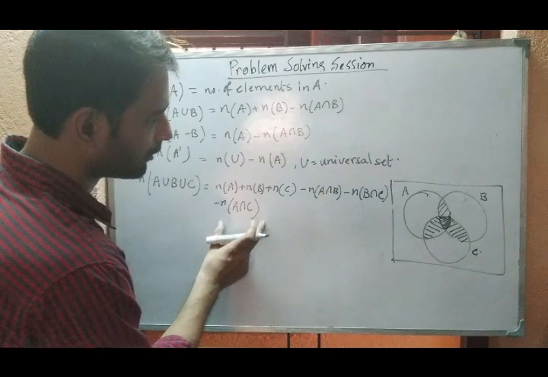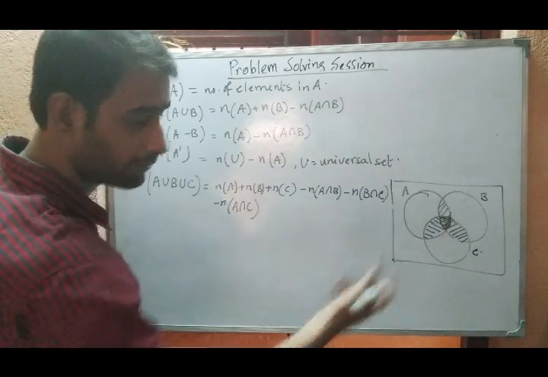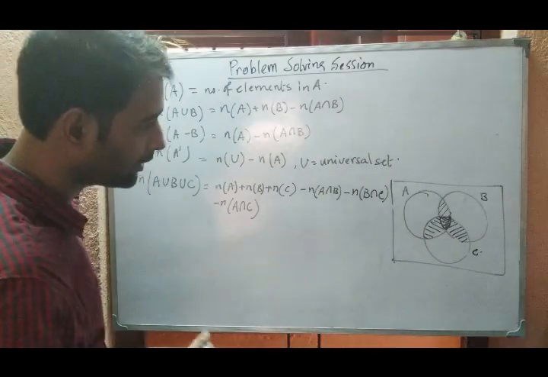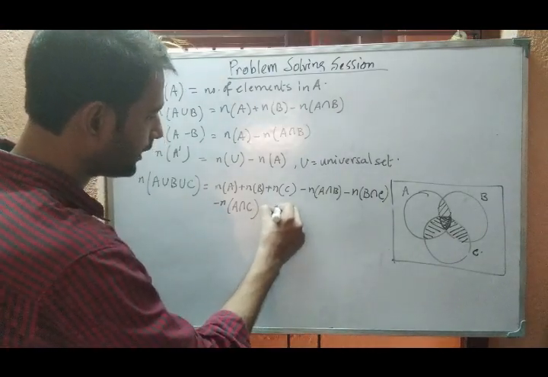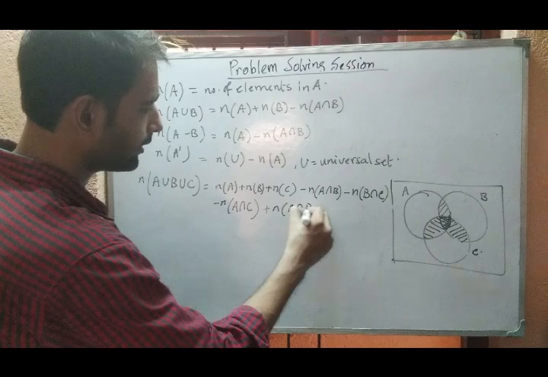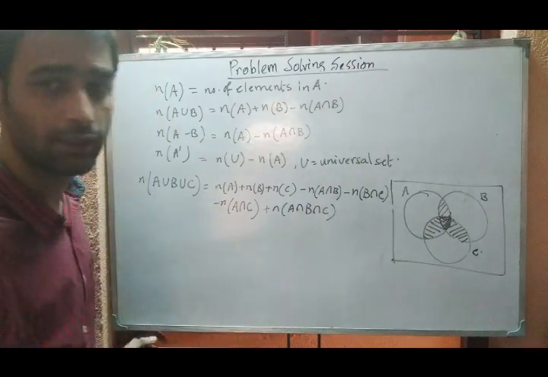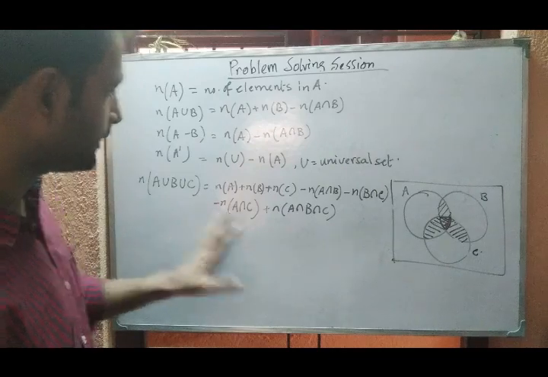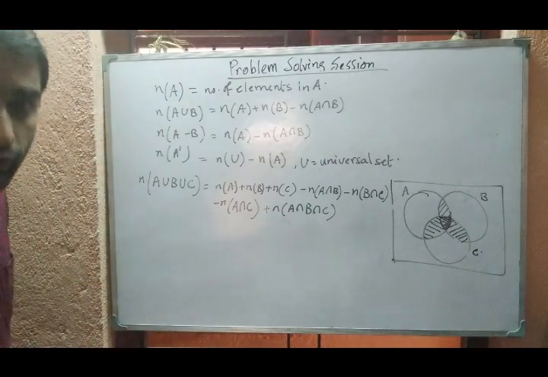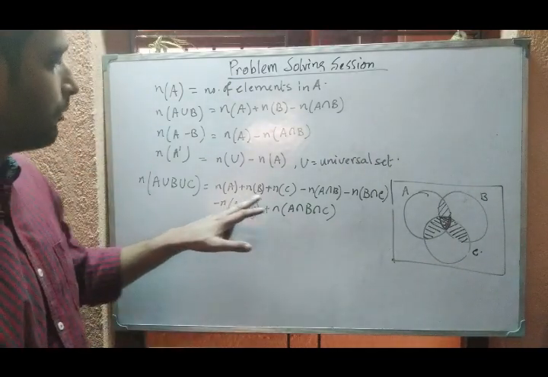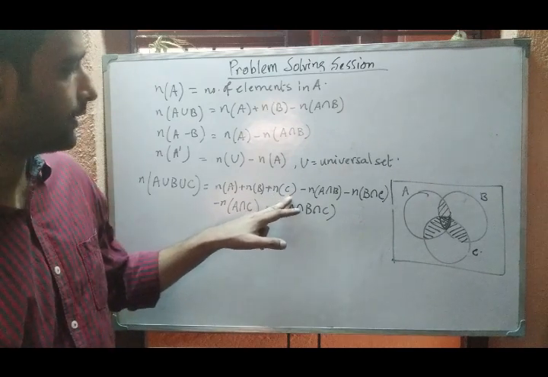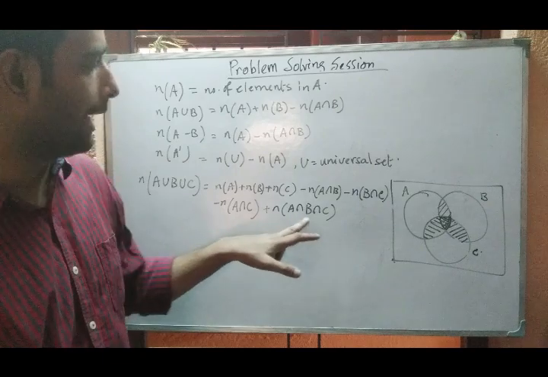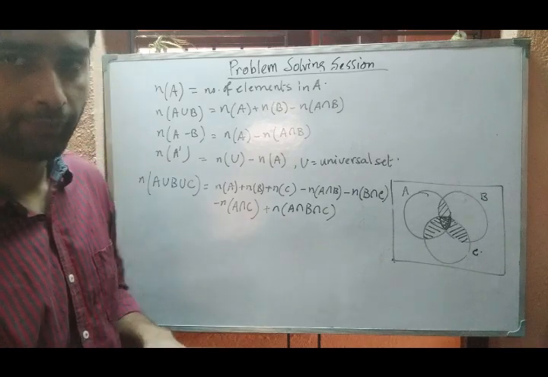For these 3 subtractions, it is subtracted 3 times, but then it is not even taken in the union. So that's why we have to add it 1 time so that it comes in the formula. So this is the formula for A union B union C. First of all, we will take the sum of n(A), n(B), n(C). Then we will subtract the intersections of 2 sets, and then we add the intersection of all 3 sets.